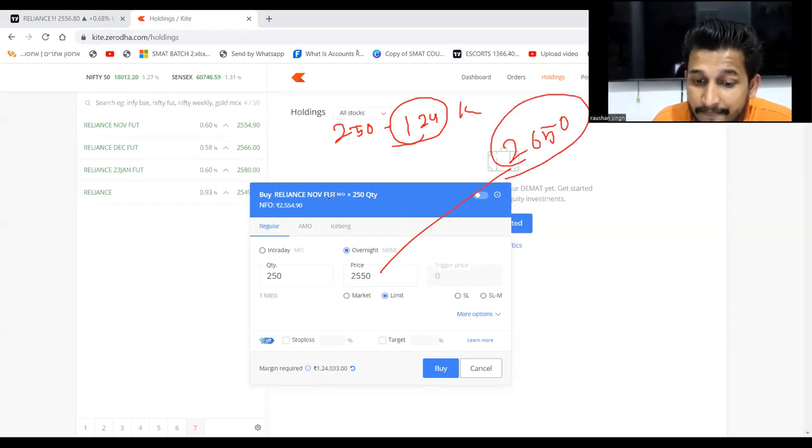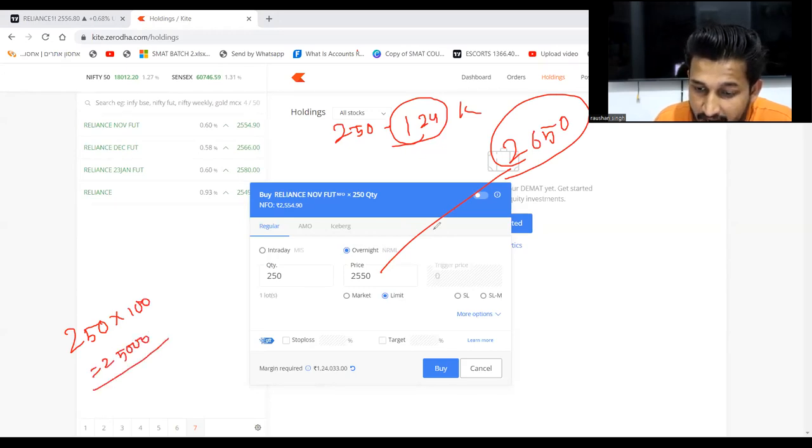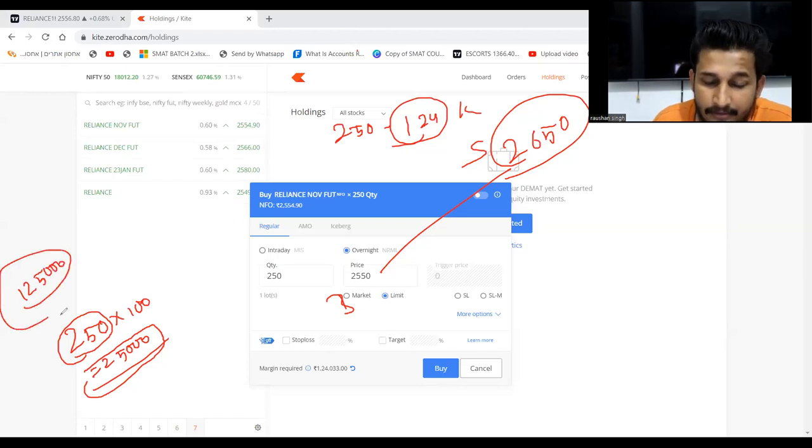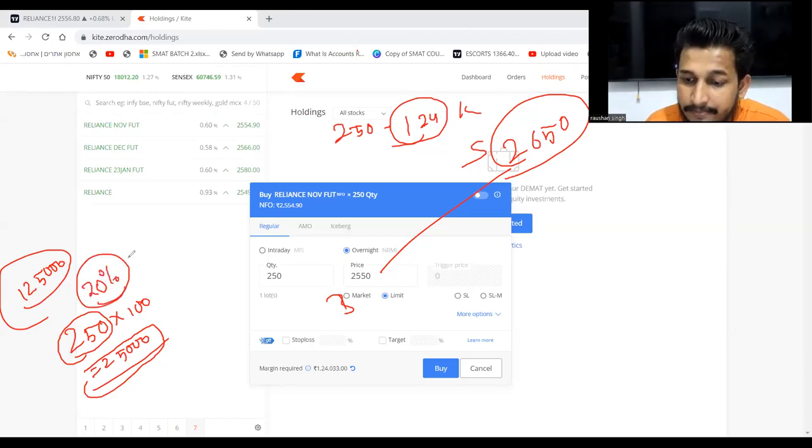How much money can I make? 250 quantity, difference of 100. That means 25,000 rupees I can make. Is everyone able to understand this calculation? Buying price, selling price, quantity 250. So I made a profit of 25,000. Is this calculation easy for everyone? So on 1,25,000 rupees, how much return am I making? Almost 20% return, right?